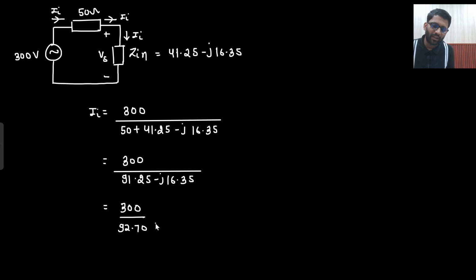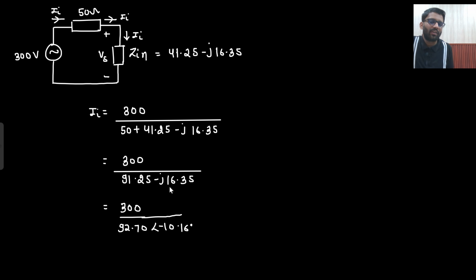And if I talk about the angle, what will be the angle we will be getting? Tan inverse of 16.35 divided by 91.25. So the angle we are getting is 10.16 degrees, but here it would be negative because this is in the fourth quadrant. So minus 10.16 degrees. If it goes upward, this will become positive because this is in the denominator, right?